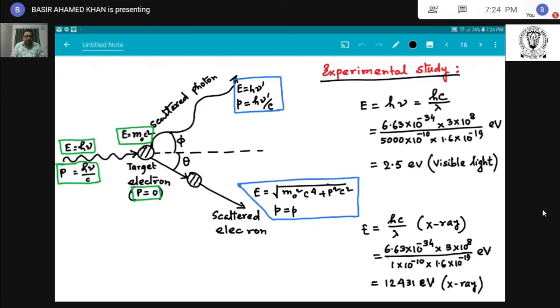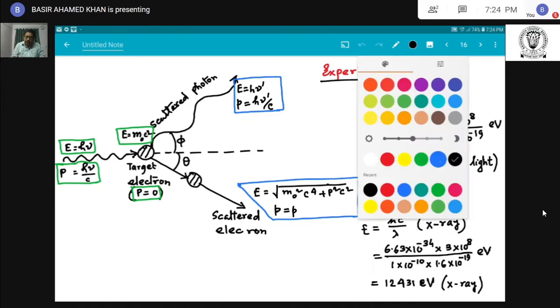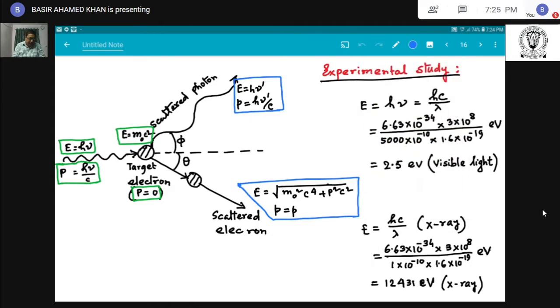Here, this is the incident photon, which collides with an electron, the target electron. This is basically a rest electron. After collision the incident photon is scattered at an angle phi.